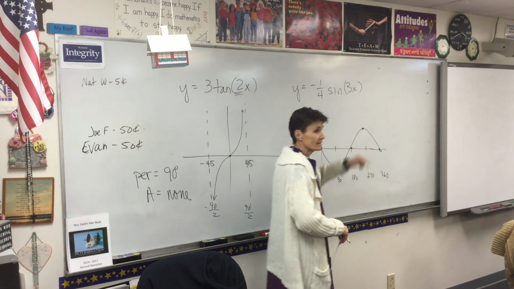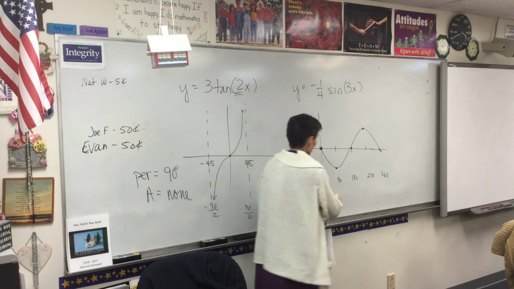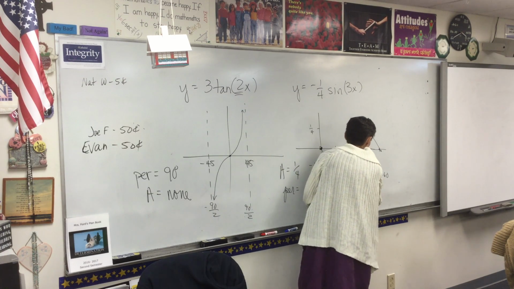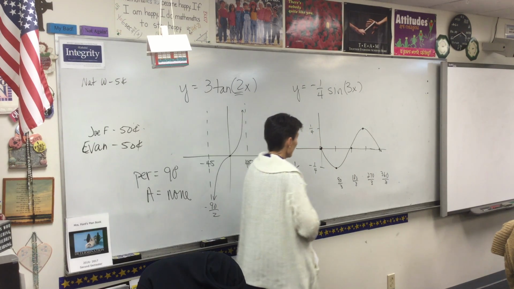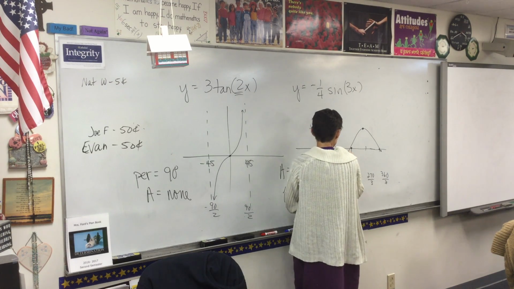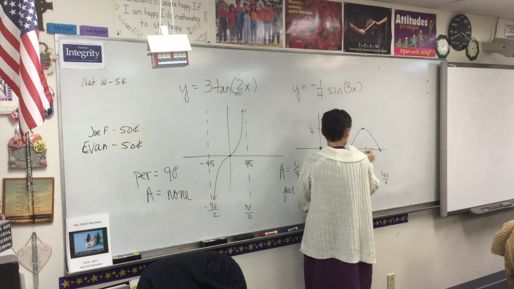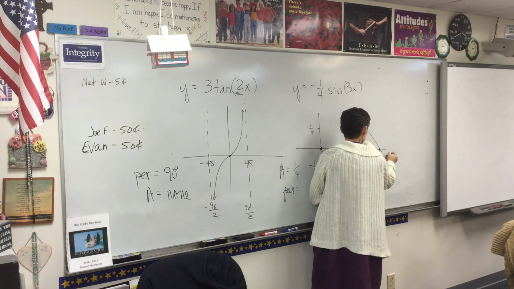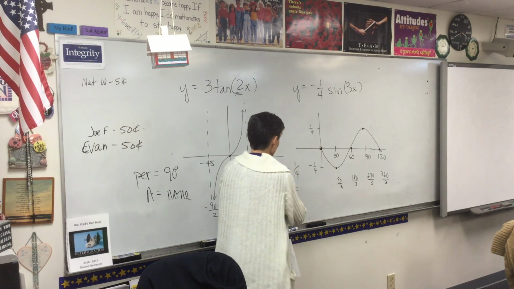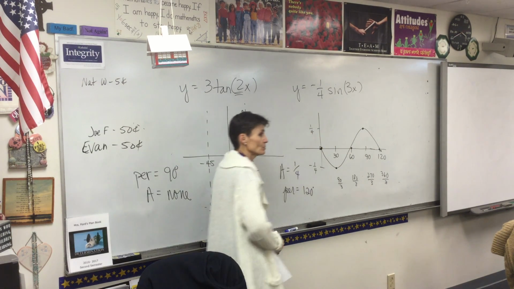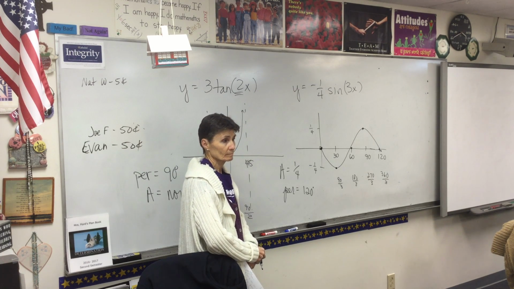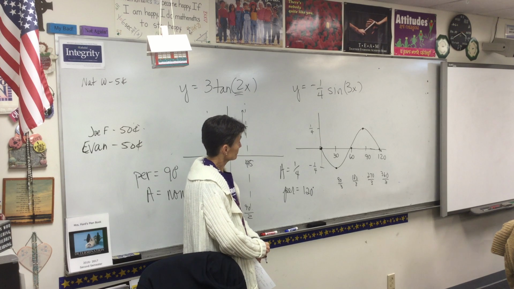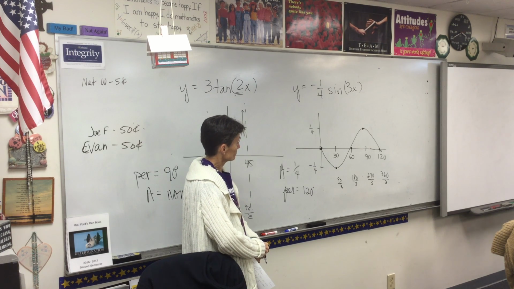But I stuck a 3 in here. So that's going to take all of those and divide them by 3. So my new labels will be 30, 60, 90, 120. Making my period 120 degrees. Okay?